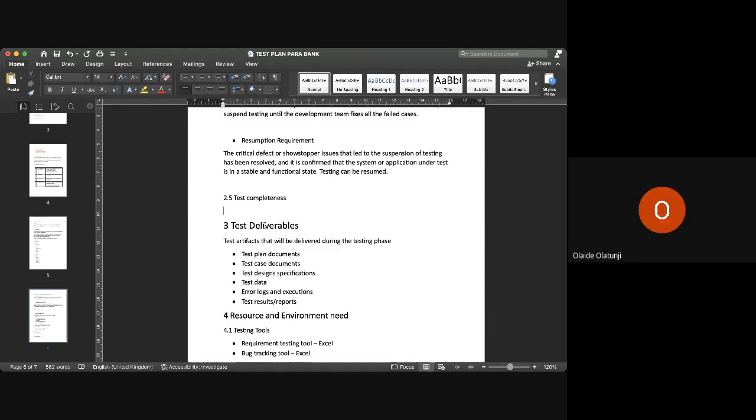Okay, test certified. Test documents: test plan document, test case, test design, test data, error log, test results. So what you have given me so far is test plan, test case, and error log. You said you will give me test design, data, and results.